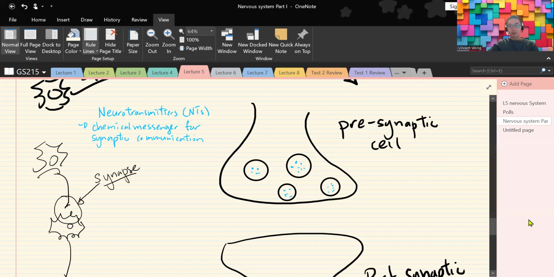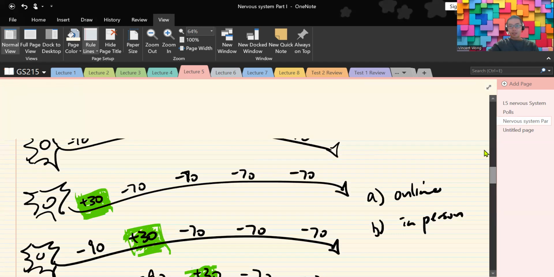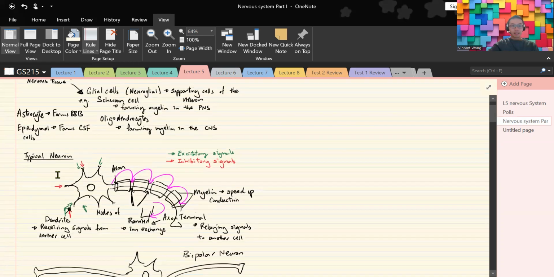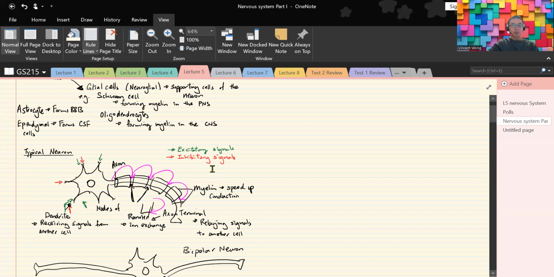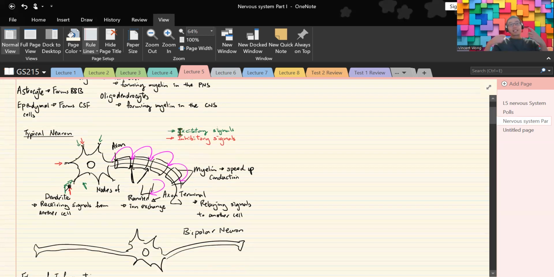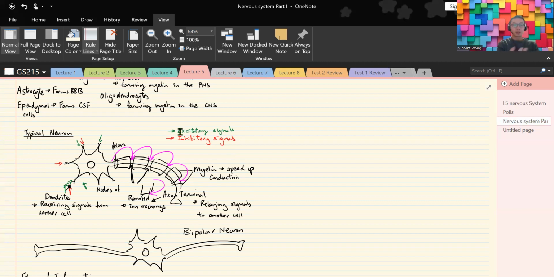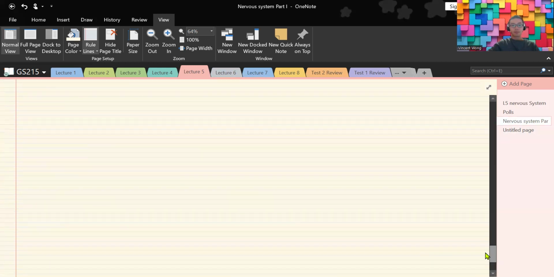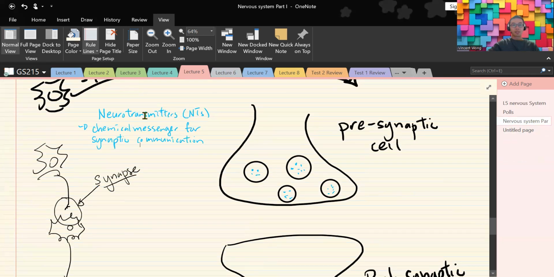Remember, like the first thing I told you today, some signals are excitatory, some signals are inhibitory. So excitatory signals would be passed on using excitatory neurotransmitters. Inhibitory signals will be passed on using inhibitory neurotransmitters. Depending on the type, there are many different types, right?